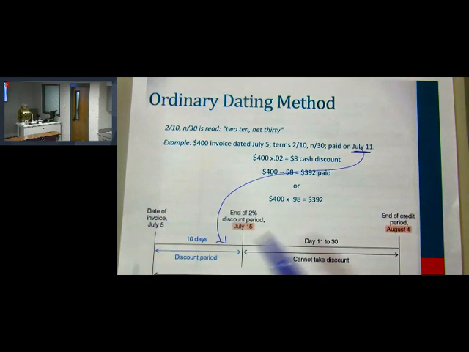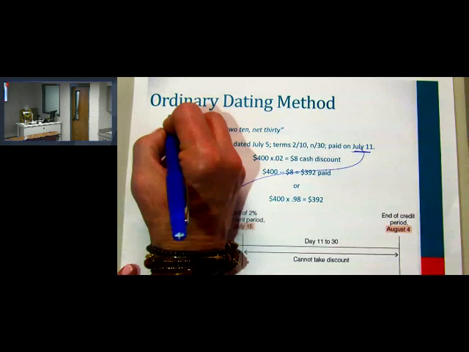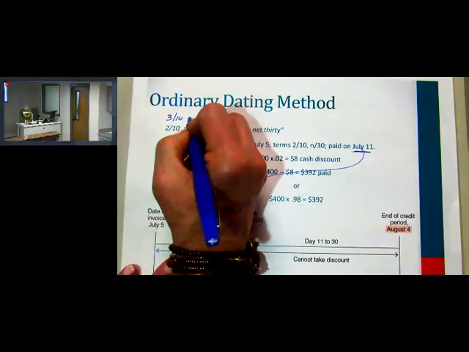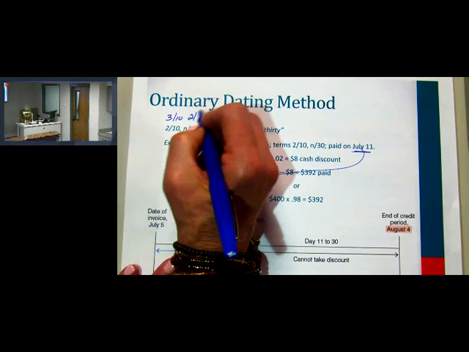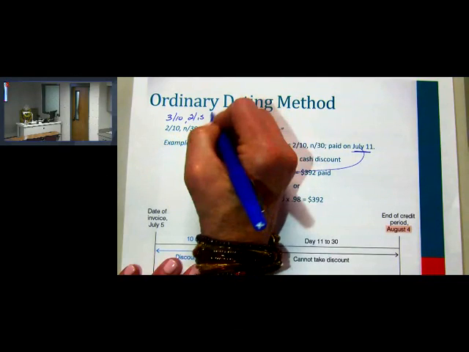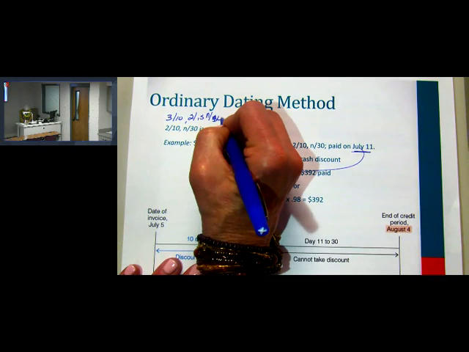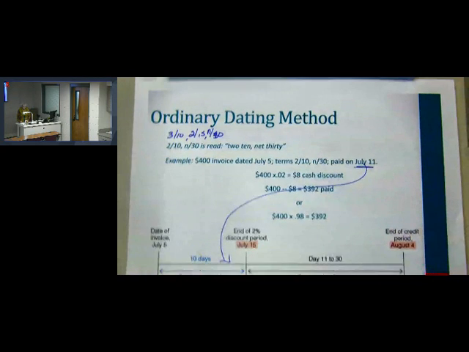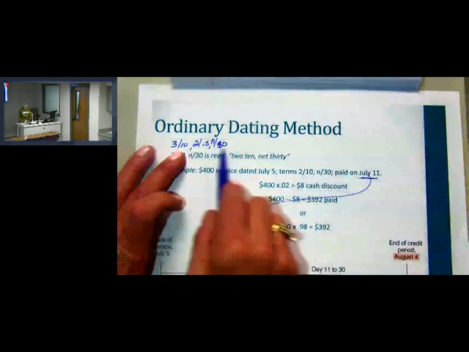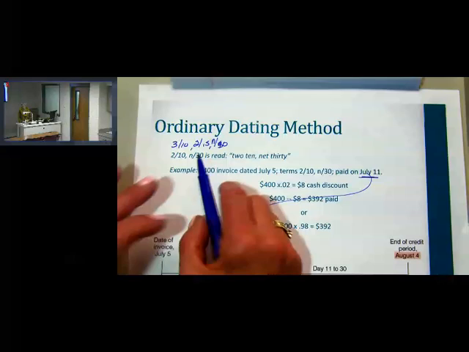This could easily be 3/10, 2/15, net 30. It could easily look like that. If this is the case, you basically have two discount periods.